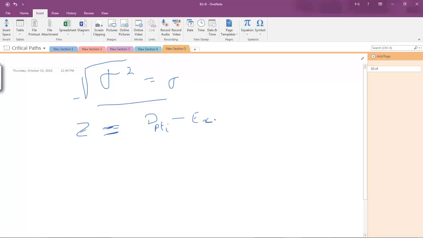This is the expected value of the entire critical path, divided by, now we have a big equation here, the square root of the sum of all the individual variances, which are the (b minus a over 6) squared, the sum of all those.